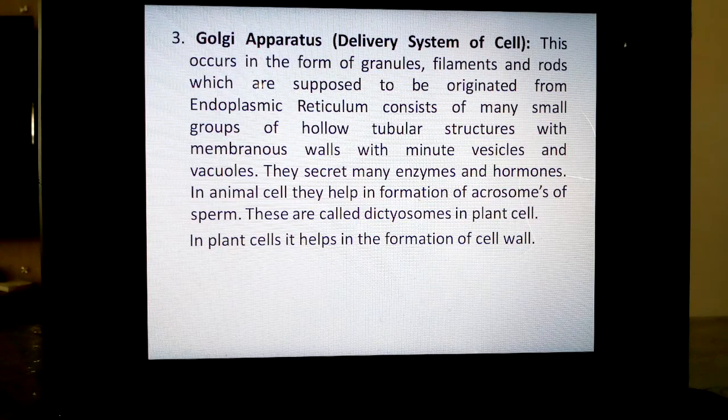For that, a protective head-like structure is present, called the acrosome. So in the production of acrosome, this Golgi apparatus is helpful. Whereas in plants, these are called dictyosomes, and in plant cells they help in the formation of the cell wall.